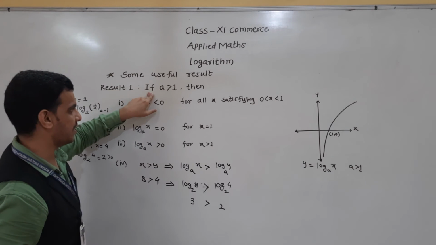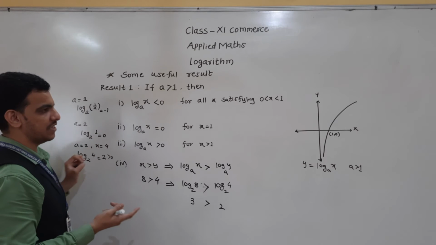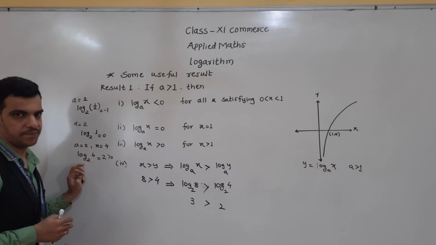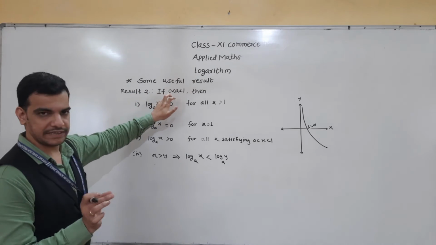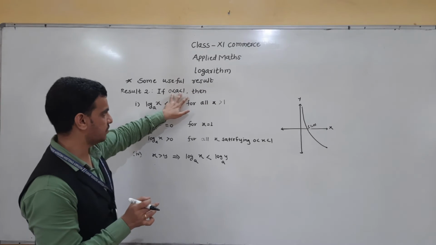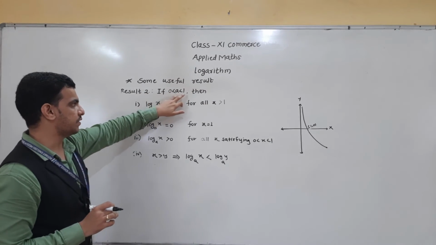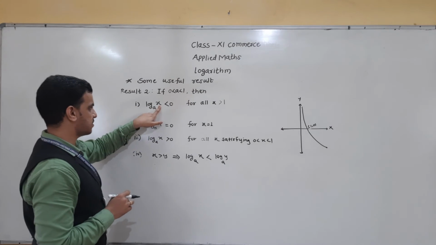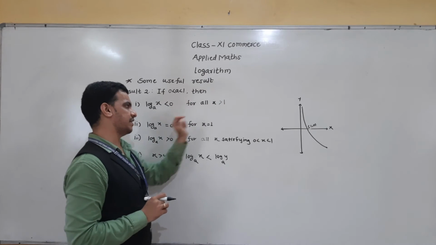Now we will discuss the second result. If a is greater than 0 but less than 1, meaning a is in between 0 and 1, then what are the results? Now we will discuss result 2. If the value of a, that is the base, is in between 0 and 1, then the first result is log x to the base a is less than 0 for all x greater than 1.